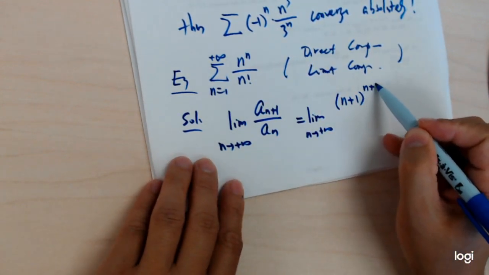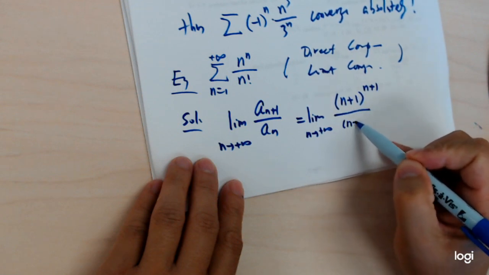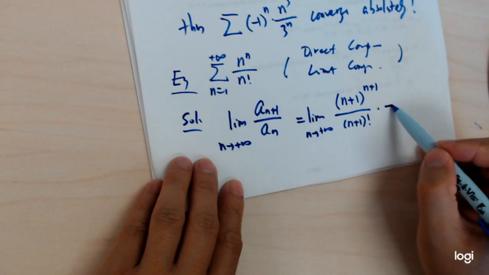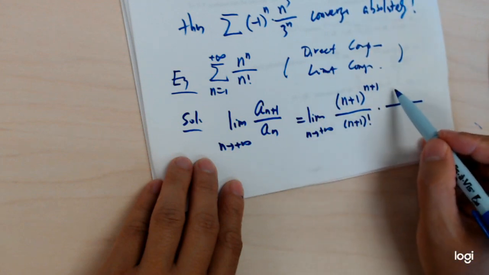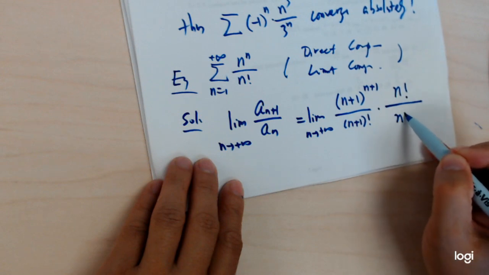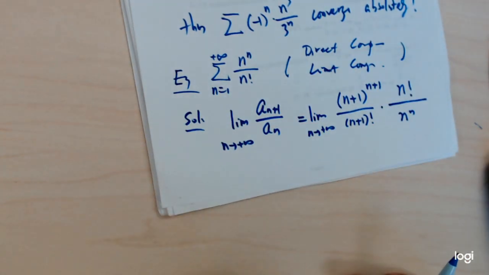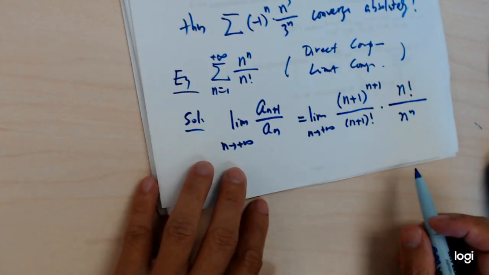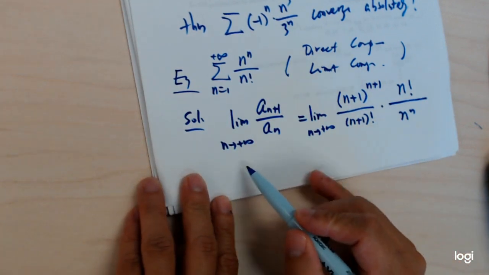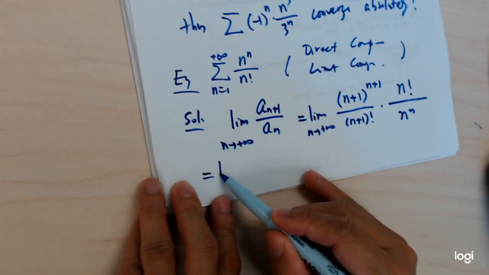Replace all the n with n plus 1. Divide by a sub n, multiply with the reciprocal. The problem is it looks kind of tricky to calculate the limit of this ratio. So that's the tricky part. So let's find out what the limit of the ratio is.